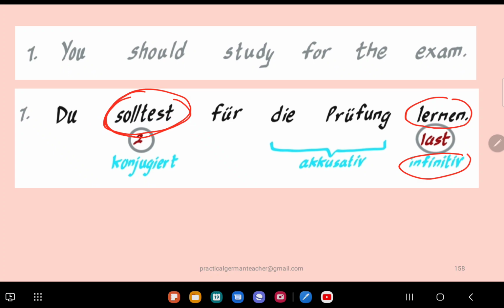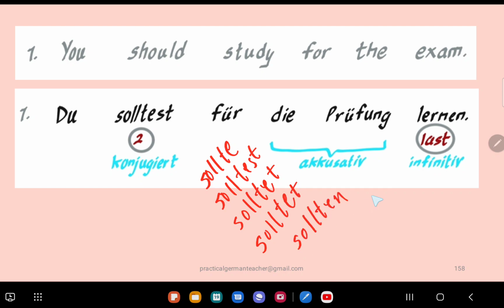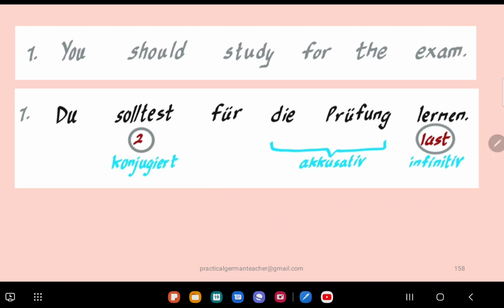So it is ich sollte, du solltest, er sie es sollte, wir sollten, ihr solltet. For every other case, it is sollten. So du solltest für die Prüfung lernen. Die Prüfung is in accusative case.